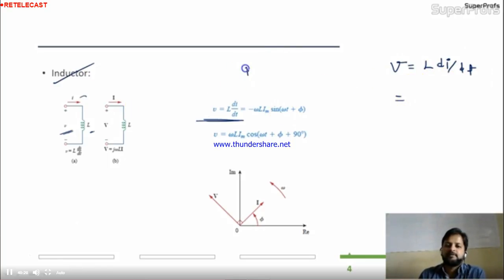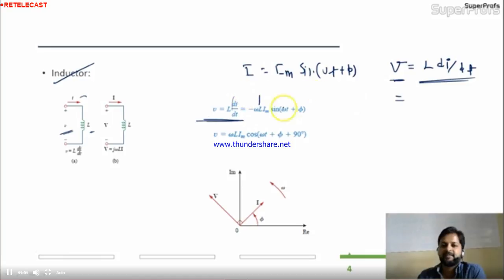Take current, suppose Im sin omega t plus phi. Can you find out the V? Yes, you can. How? By simply differentiating, or you can take it into the phasor. L is as it is. I told you earlier, d by dt you will write as omega L, right? J omega. Wait a minute, let me correct it. Actually our I is nothing but cos omega t plus phi, correct?